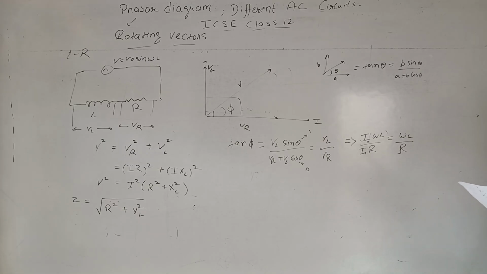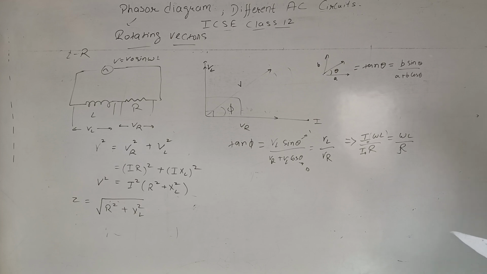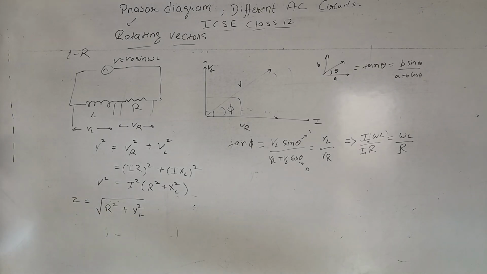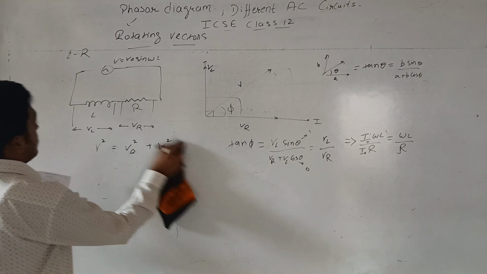Omega L by R gives the angle between one potential and the resultant of the two potentials. This is our rotating vector for the LR circuit.